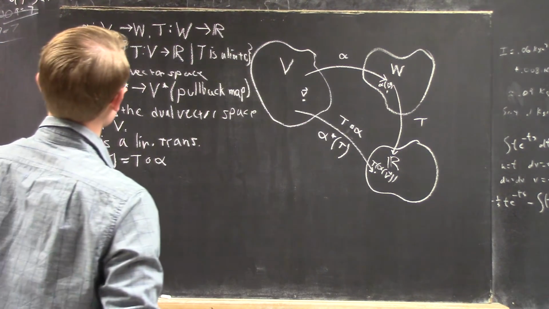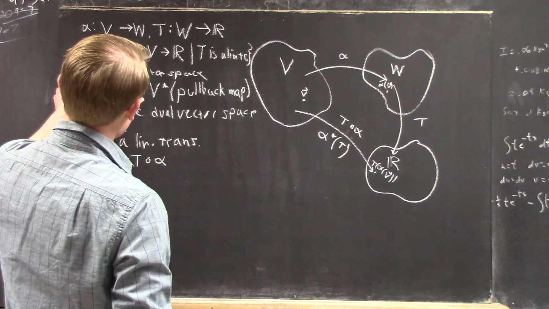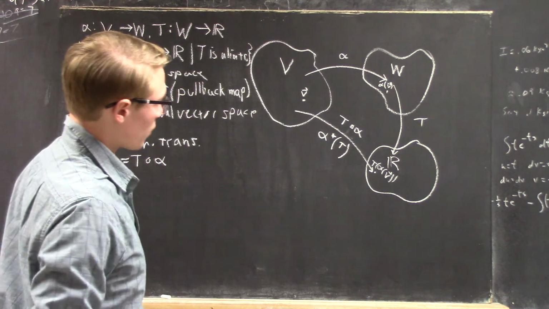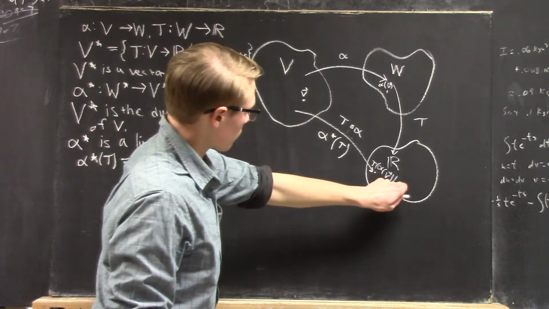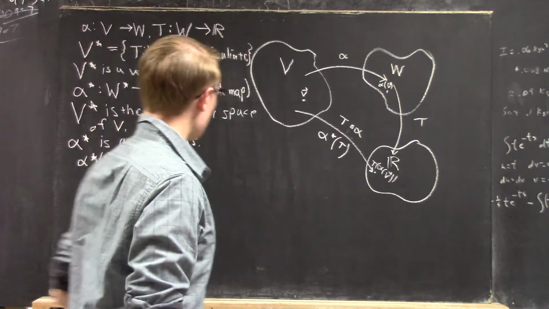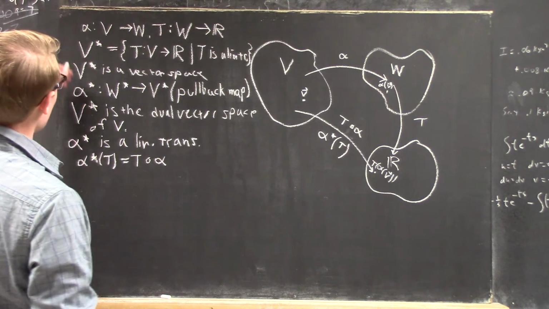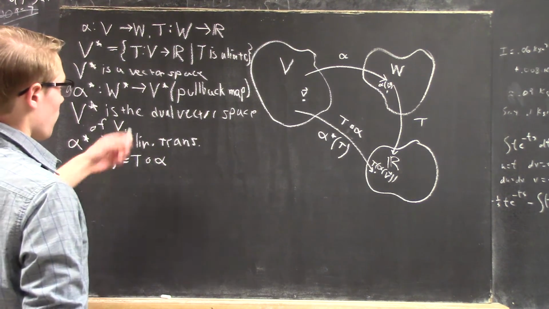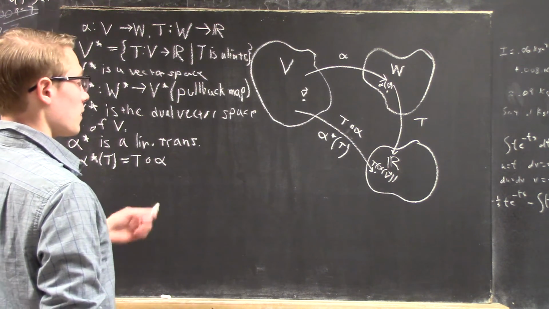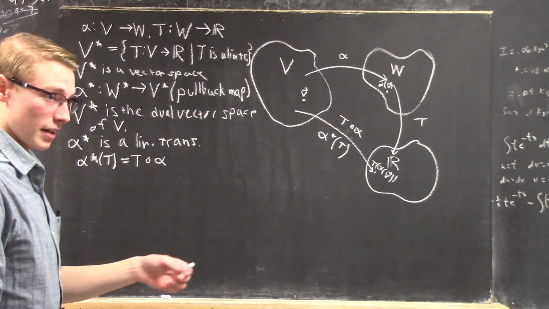So now that we've defined a new vector space, which is the set of all the linear transformations from this space V to this space R, and we found a new function, of course, this anticipates many other different things.